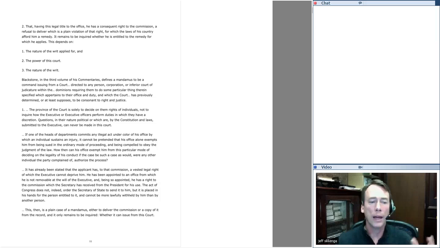And the answer is actually, I think, twofold. One is political. Marshall did not want to back down and make the Supreme Court look too weak in front of the Jefferson administration, which was so contemptuous of the court, they didn't even send a lawyer to argue in front of it. If he had refused to address the issue of whether Marbury had a right to that commission, the court would have looked weak. But I think there was also a very important legal reason.